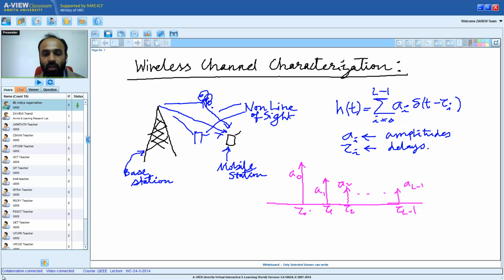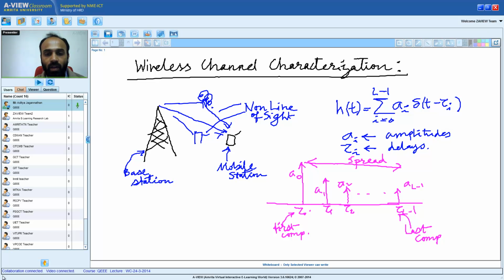Alright, so the first component is arriving at tau 0 and the last component is arriving at tau L minus 1. So these various components are arriving over a spread of time, and this spread is known as the delay spread.